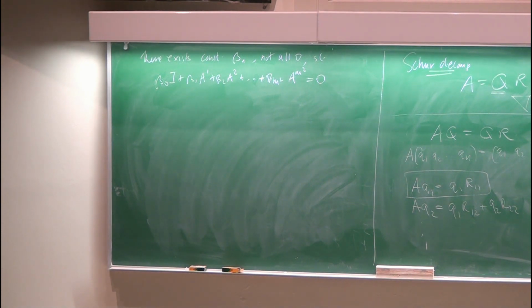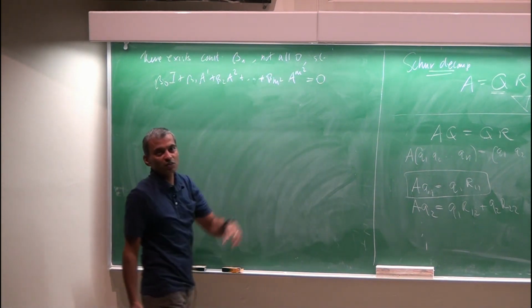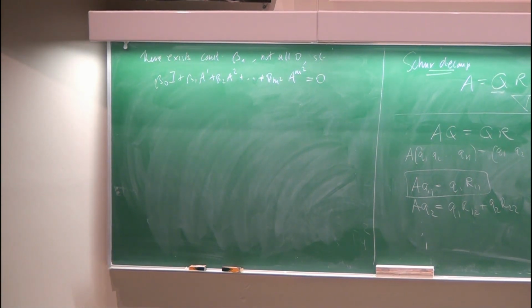Of course, if I take all the betas to be zero, that would be trivially true, but the key thing is that there exists at least one beta that is not zero in the sequence somewhere. All right, so that is this step.